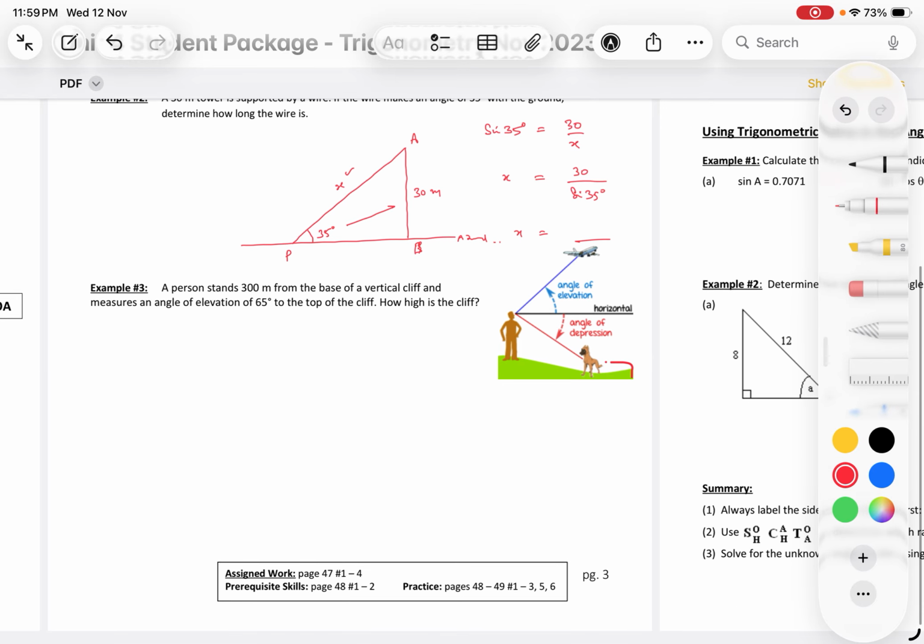Next, a person stands 300 meters from the base of a vertical cliff and measures an angle of 65 degrees to the top of the cliff. How high is the cliff?